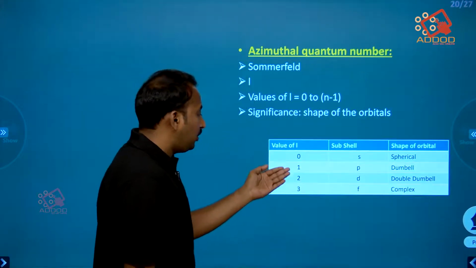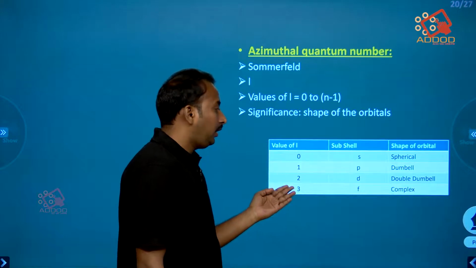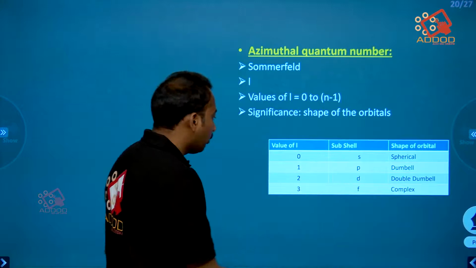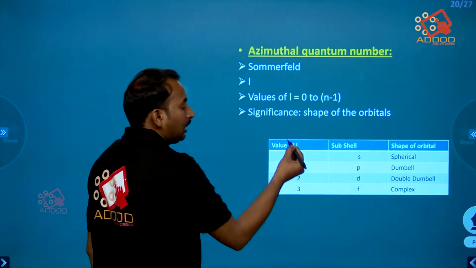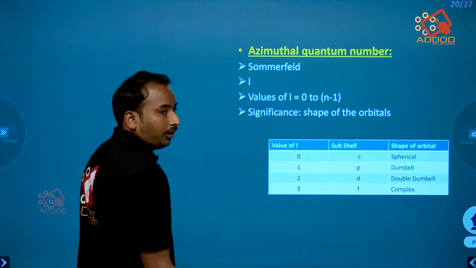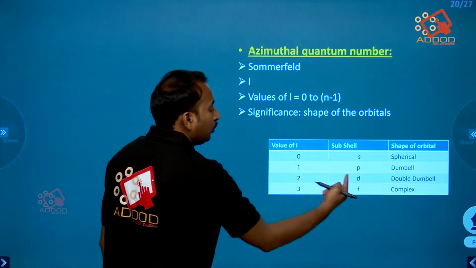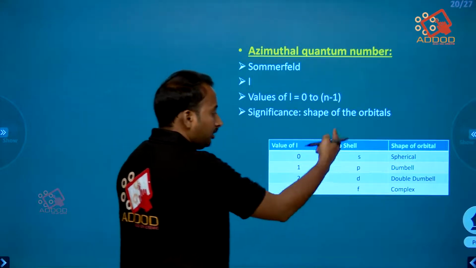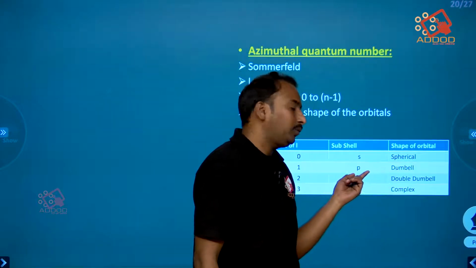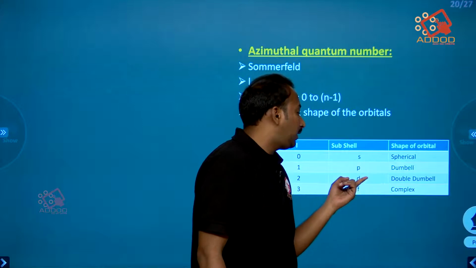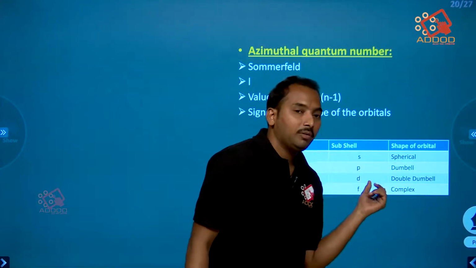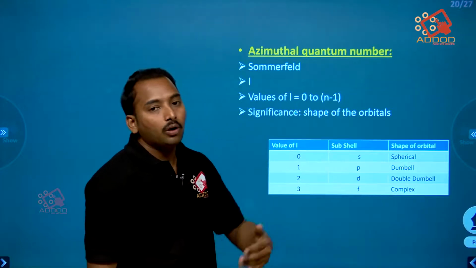The l values are 0, 1, 2, 3 and the subshells are s, p, d, f. The s subshell has l value equal to 0, p subshell l is equal to 1, d is equal to 2, f is equal to 3. The shape of the s orbital is spherical, the shape of the p orbital is dumbbell, the d orbital is double dumbbell, and the shape of the f orbital is a complex structure.